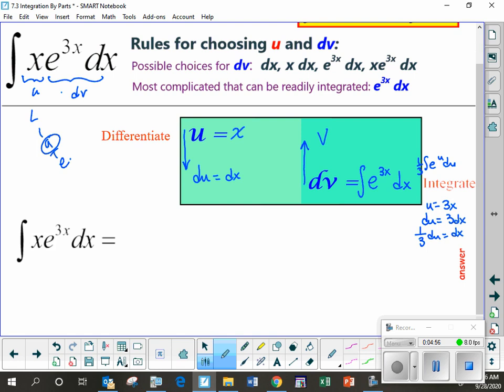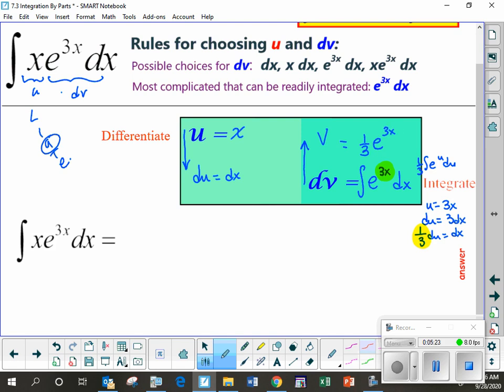Have you noticed, and by now you have a little more experience with integrating, that if I have my u with a coefficient, the correcting factor is a 1/3. So this will become 1/3 e to the u is what my v will turn out to be. Oops, instead of u, let's put the 3x in there.